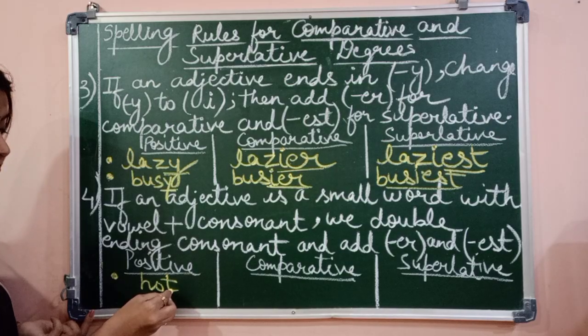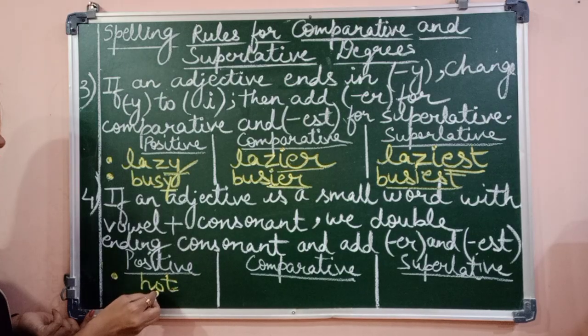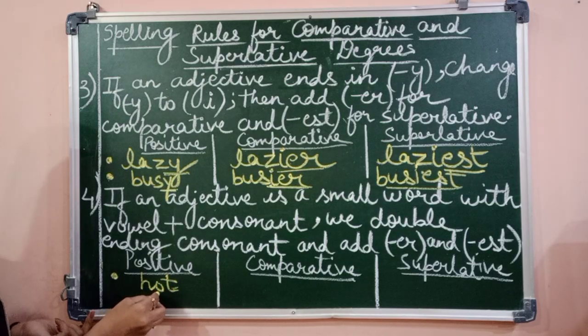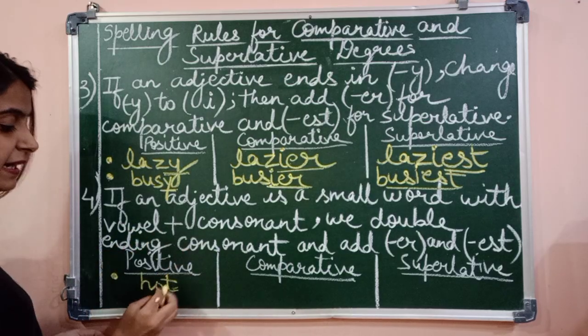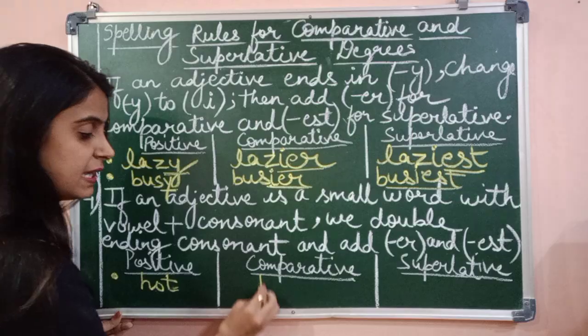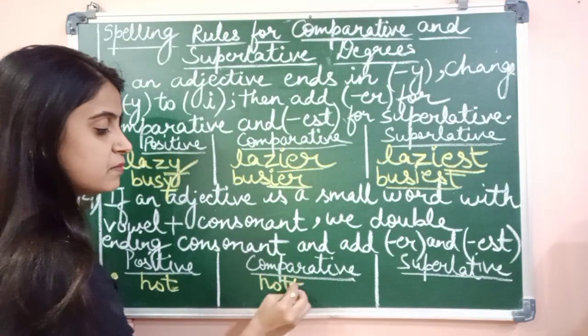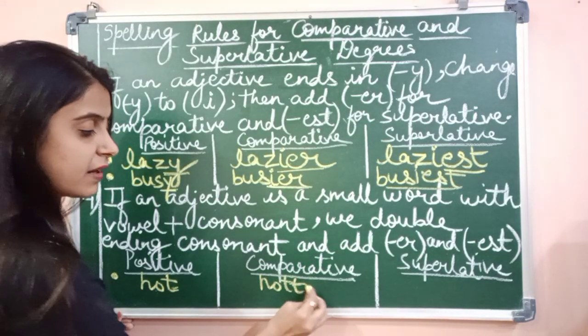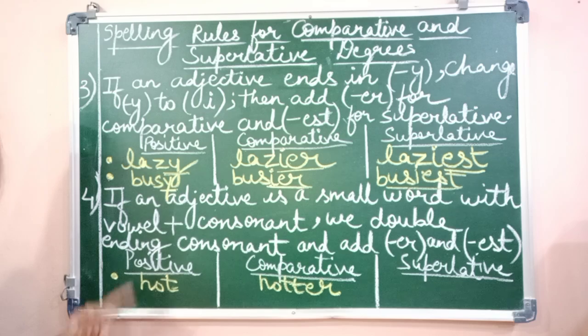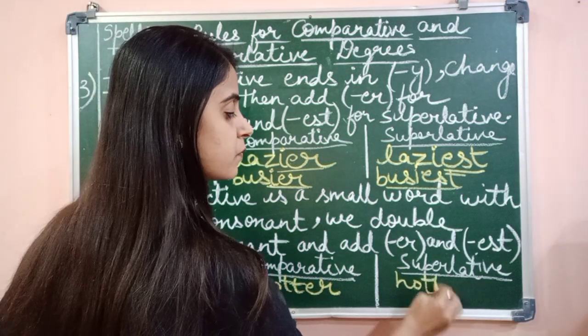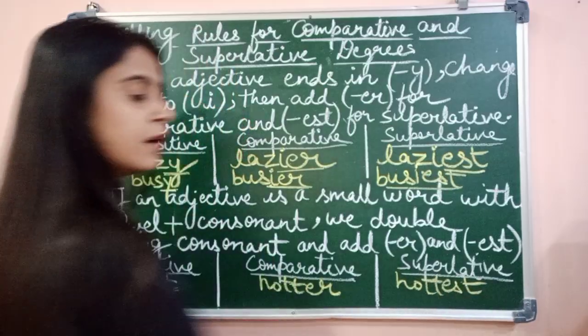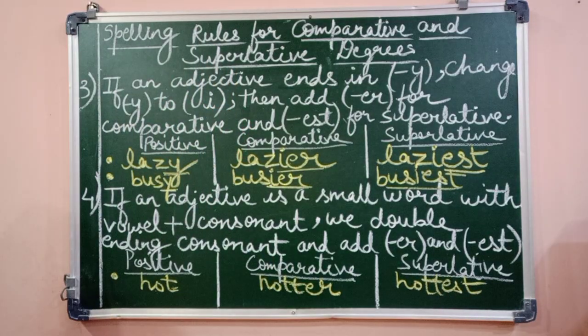It has T as a consonant and O as a vowel. So the rule says if it has both vowel plus consonant, we double the ending consonant. So we will double up T and add ER. So comparative becomes hotter and superlative is hottest. According to the rule we have made the changes.